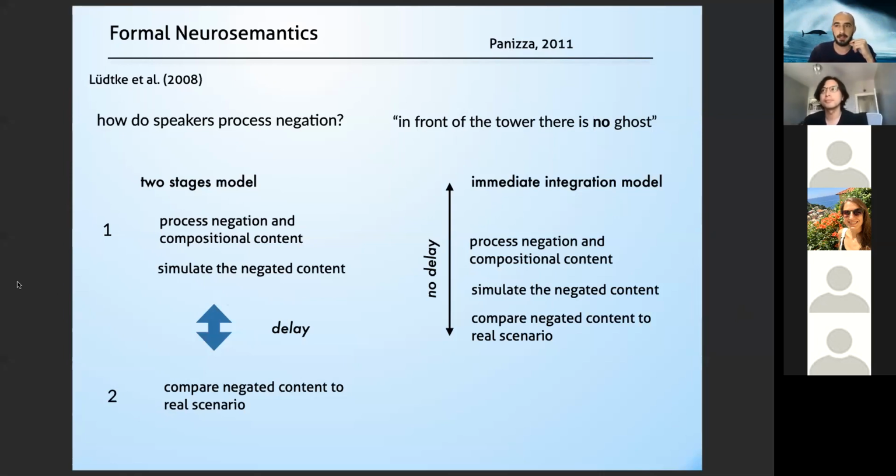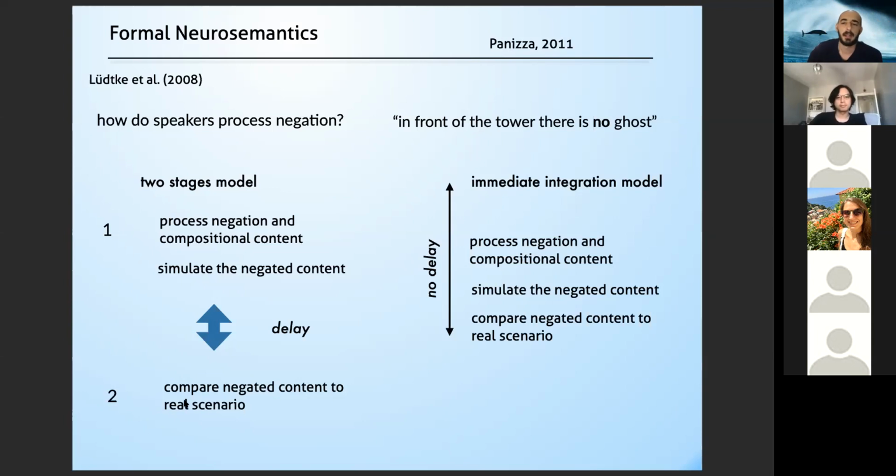So just to summarize this, the two stages models predict that you first simulate the negated content, so the content of what you are negating, and then you compare your simulation with the real scenario, for instance, in a verification task, and you want to make sure that the real scenario mismatches the simulated content because there is a negation.